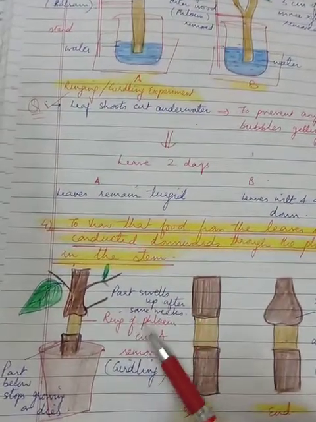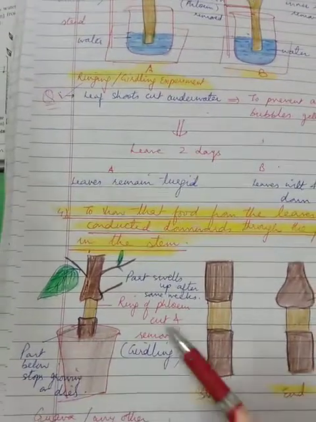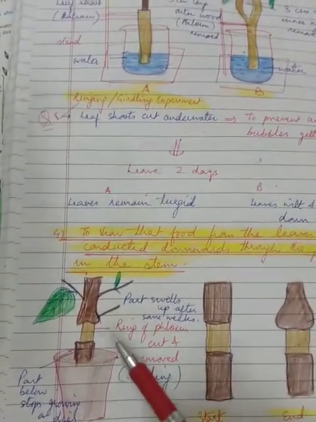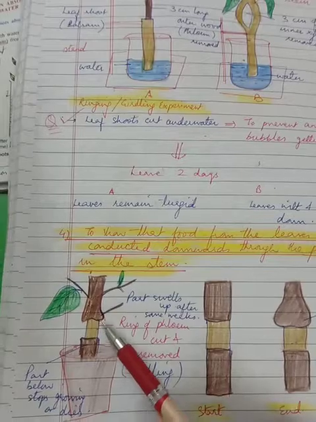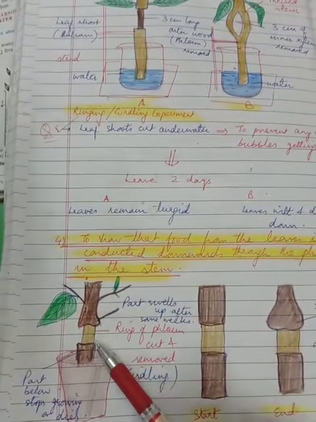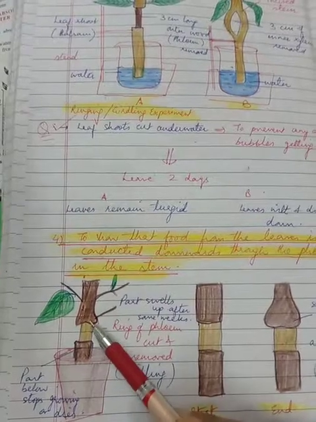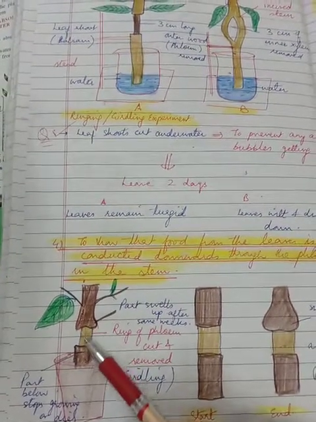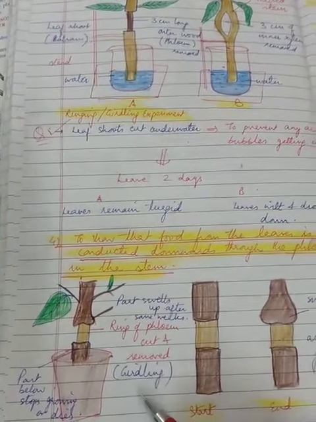In this I told you a very important term, girdling or ringing, that is removing the outer bark of the phloem from a limited area and conducting the experiment. So this process of removal of the outer bark of the stem is called girdling or ringing.